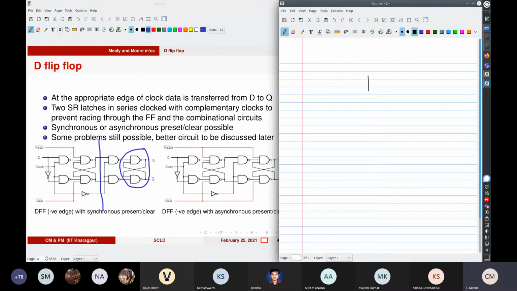Let us say that I'm just redrawing the circuit.